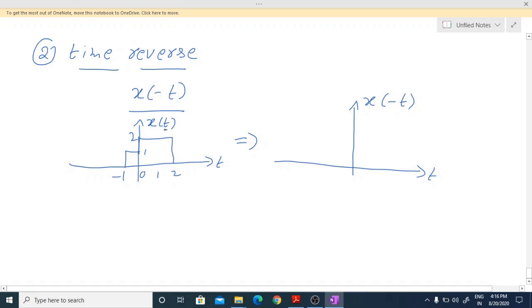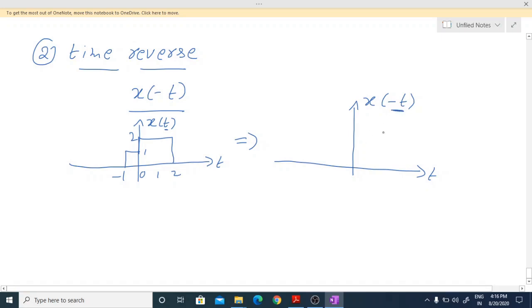In the original signal, if t is positive, then what happens? t equal to minus 1, then minus 1 only. If t equal to 0, then the same x of 0. If t equal to plus 1, then x of 1. If t equal to 2, x of 2. But here the corresponding t becomes negative.